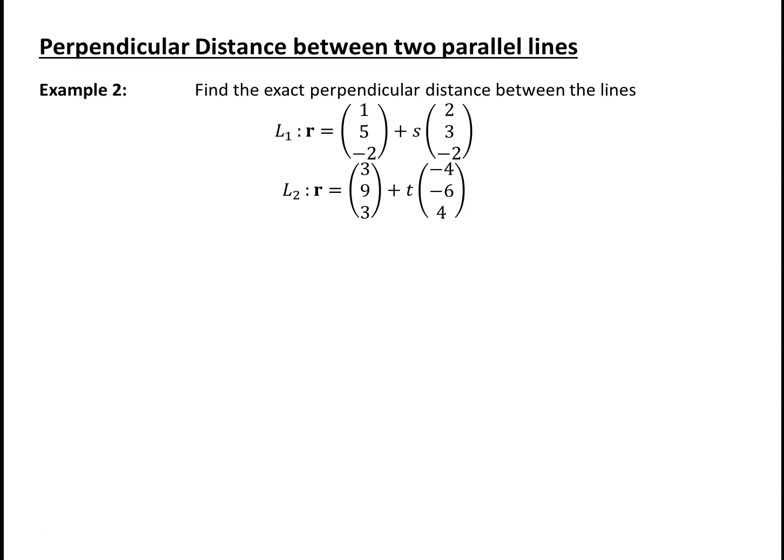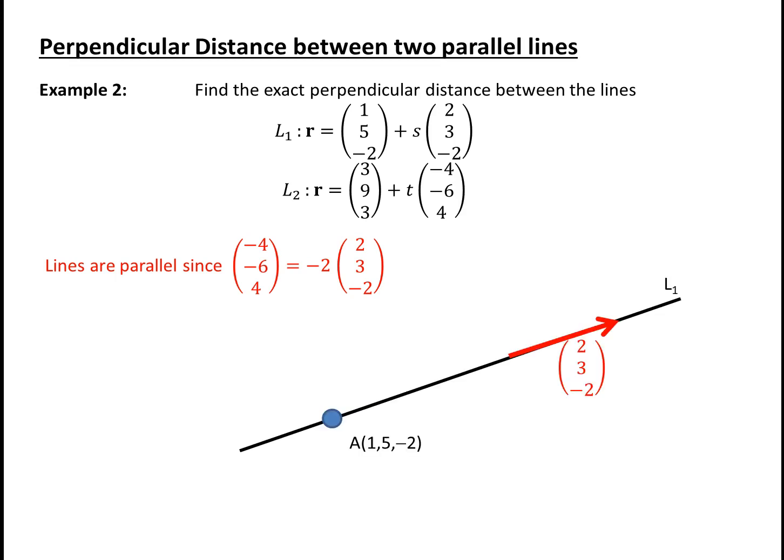The first line has equation r equals (1, 5, -2) plus s times (2, 3, -2). And the second line has an equation of r equals (3, 9, 3) plus t times (-4, -6, -4). So we can see that the two lines are parallel because (-4, -6, 4) is just -2 times (2, 3, -2).